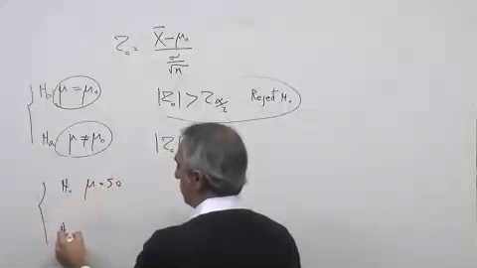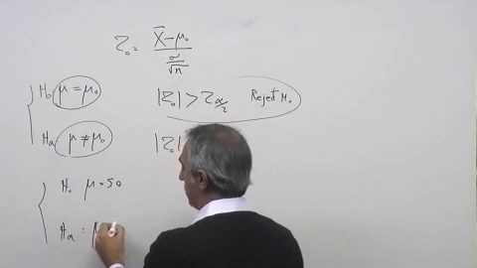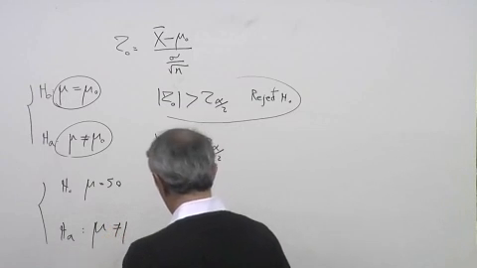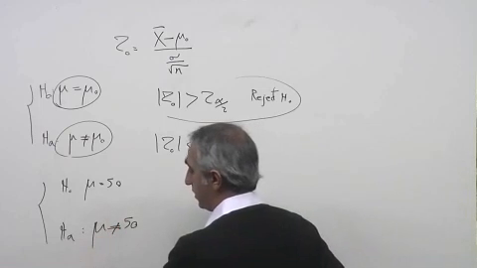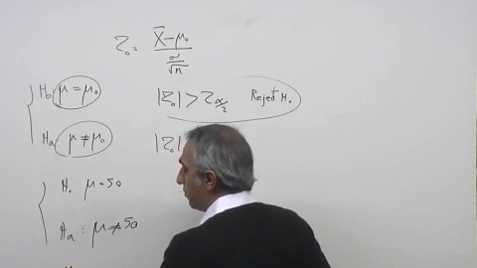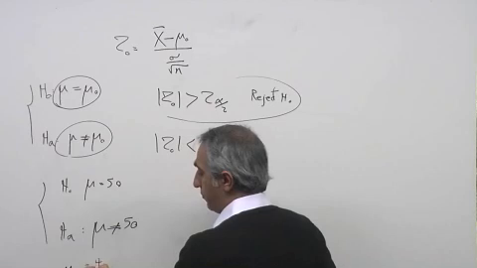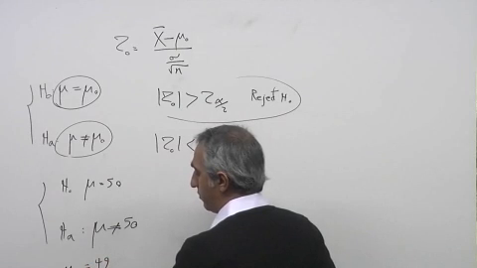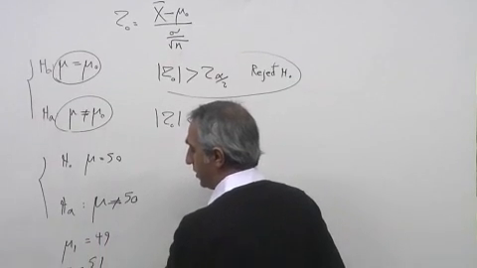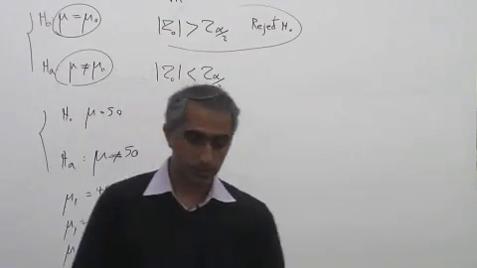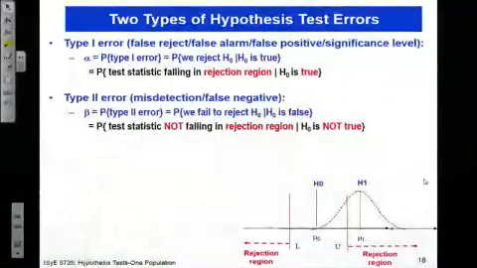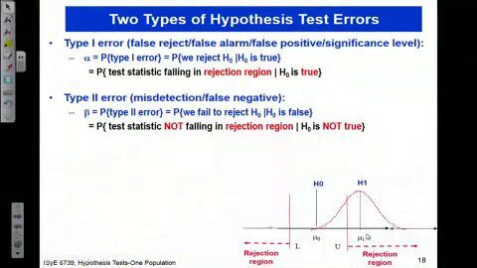So your H alternative is mu is not mu 0, which is the same as saying it's not 50. So your mu 1 could be any number. Could be 49, could be 51, could be 55. Okay? So let's pick one of those. Let's say 55.